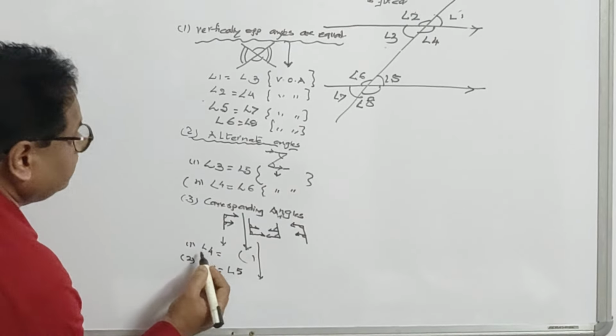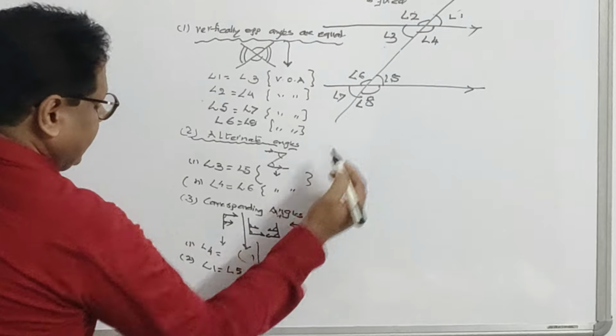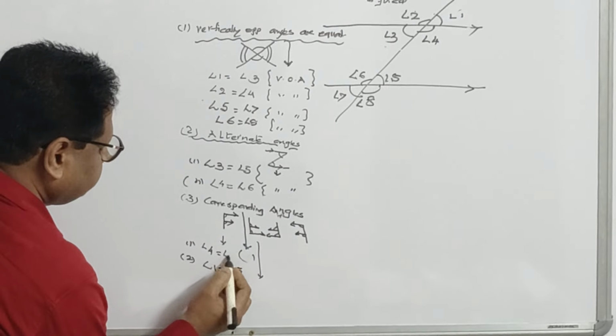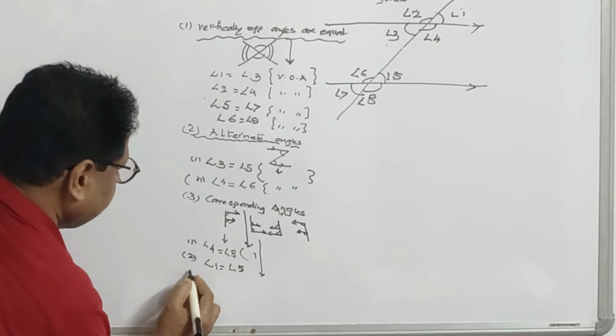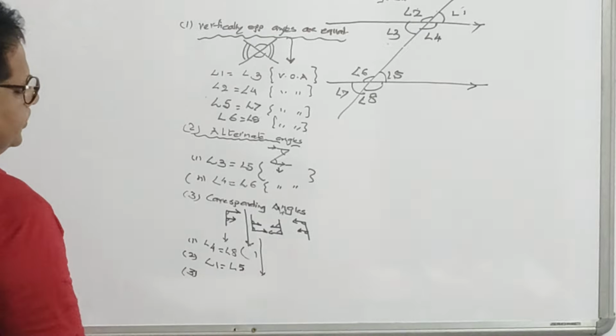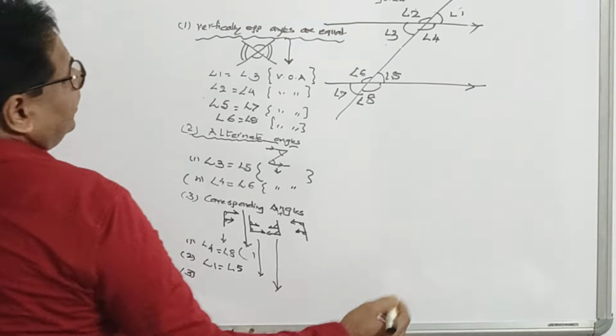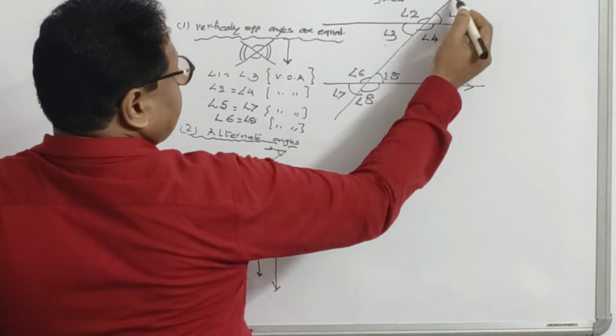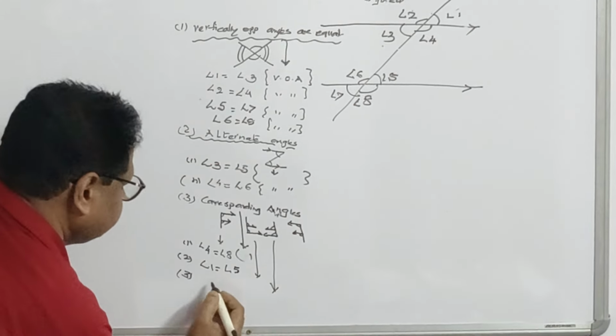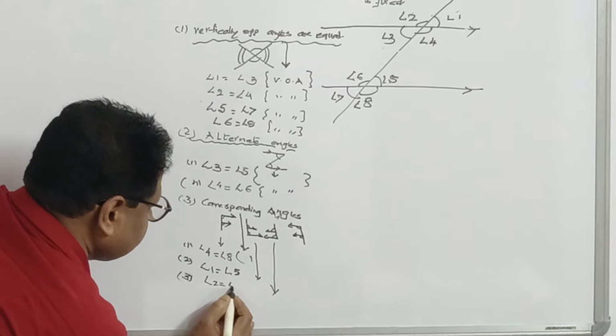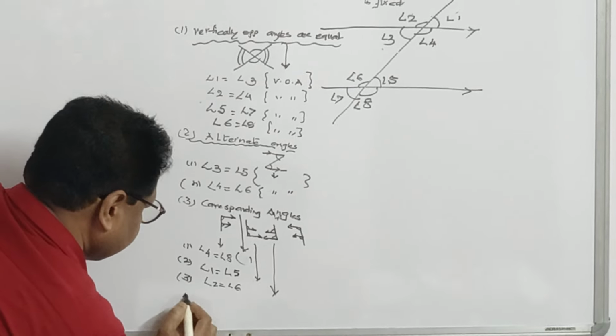There is a mistake over here. Angle 4 will be equal to angle 8 as per this figure. Next, as per this figure, here we have angle 2 equals angle 6.